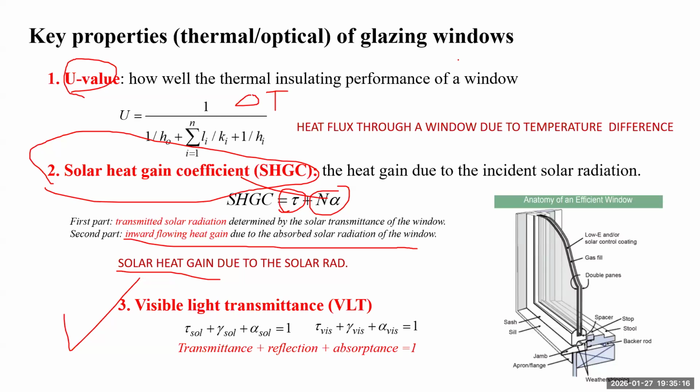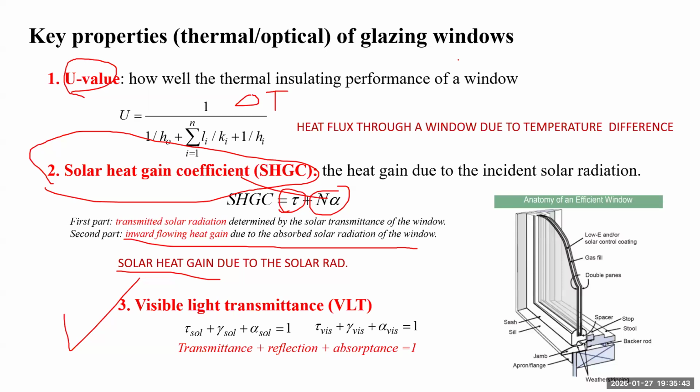Second, for Hong Kong, for hot regions, we mainly consider the solar heat gain coefficient. The smaller the better. And for cities like Harbin, they mainly consider the U value, because the temperature difference between outdoor and indoor is huge.